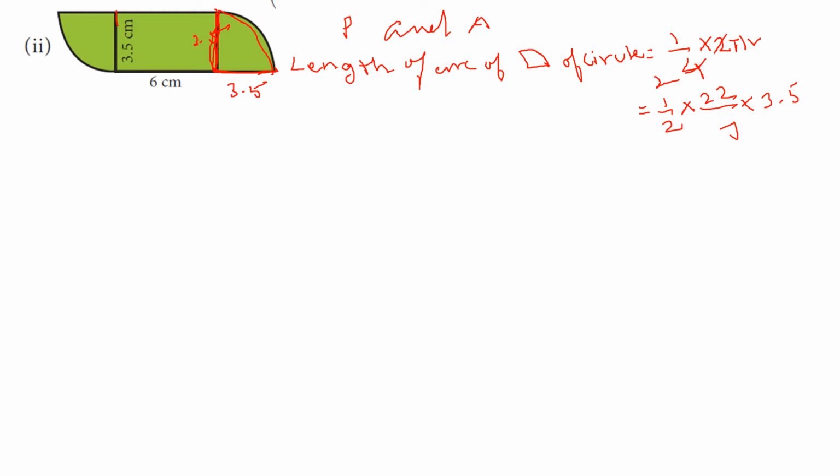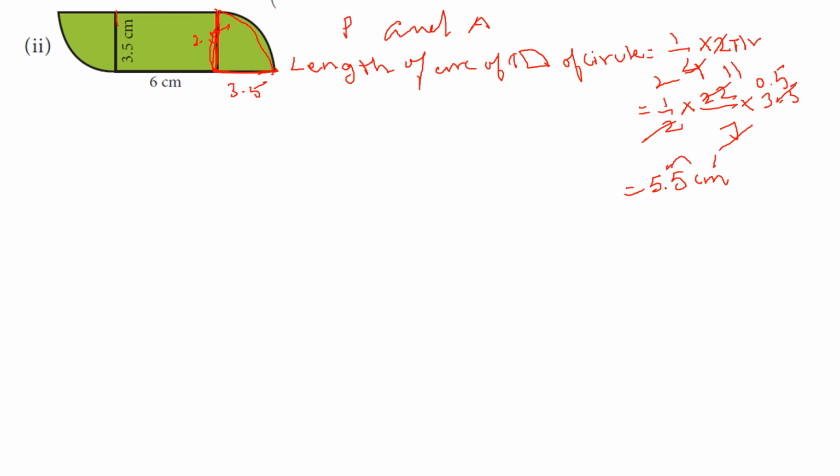Cancel it: 1 2 is 2, 11 2s are 22, 1 7 is 7. Here we put a 0. We take 35 point, 5 sevens are 35. So 11 into 5 is 55. So here one decimal is there, so we put a decimal on the left-hand side and we get 5.5. So this is the length of the arc of one quadrant.